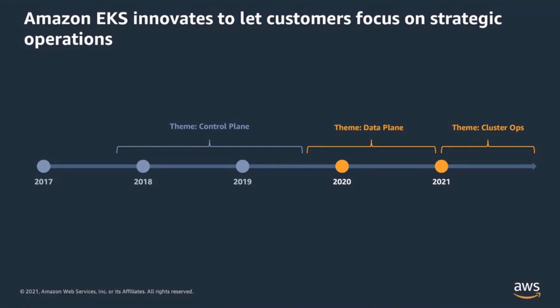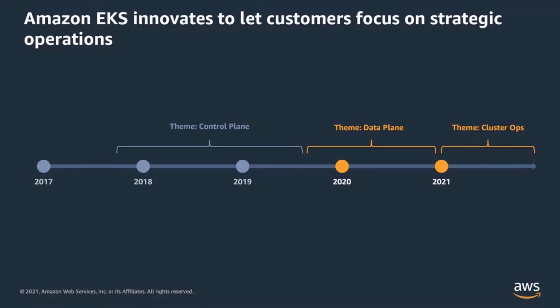We heard from our customers that they wanted us to manage more of the complexity around worker nodes with Kubernetes. So we added two options for worker nodes. One was managed node groups, where we extended the EKS API to manage Kubernetes worker nodes on EC2 instances in customers' VPCs. And the other option was EKS on Fargate, where we provide a serverless compute option for EKS.